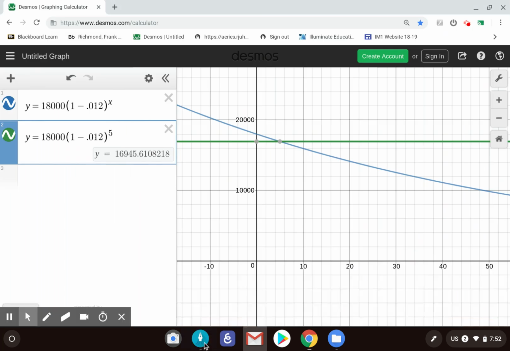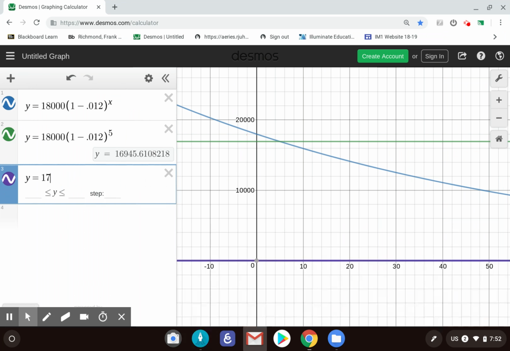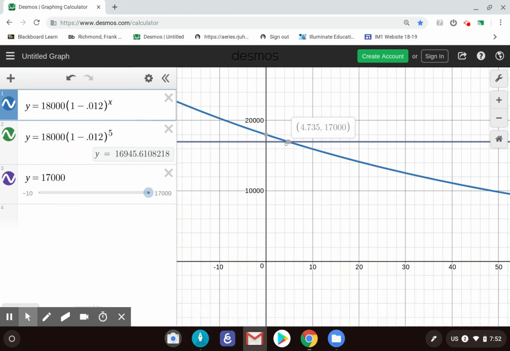We need to determine when this value is going to be 17,000. So what you can do is set your y equal to 17,000, and you can find that exact amount right here. So in 4.735 years, our car is going to be worth $17,000.